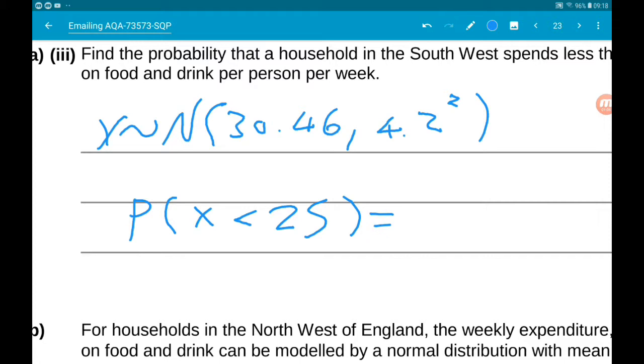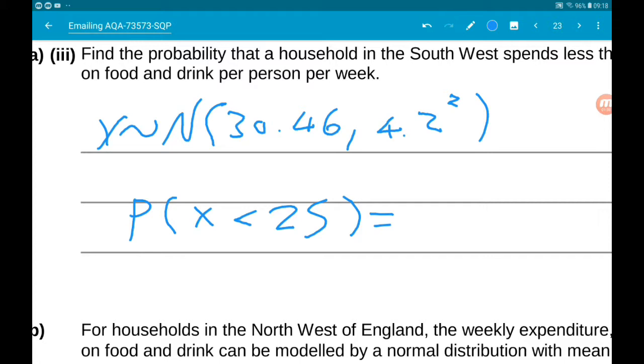So on your calculators, go to distribution and then normal CD. Now we want our lower to be, well, it doesn't actually really matter. Let's have it as, I don't know, minus 100, just so that it's far enough away from the info that we are playing with. Our upper bound is 25, because that's what we want the probability of being less than.